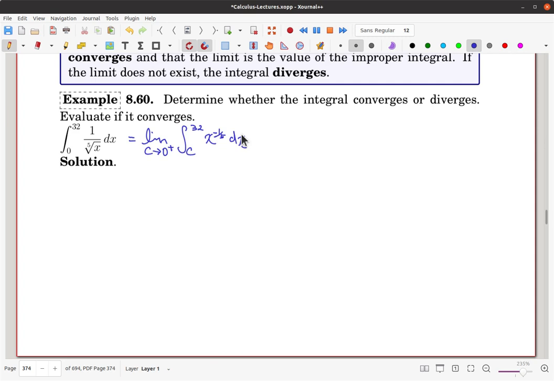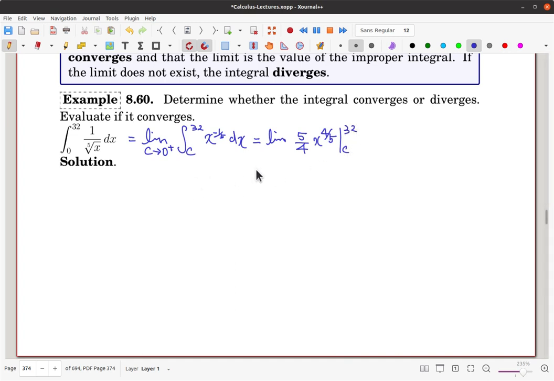Right? Okay, for this one, now the antiderivative is here, okay, what is that? Plus 1, that is 4 over 5, and its reciprocal is 5 over 4. And then here, x to the 4 over 5. Right? And then we are evaluating from C to 32.